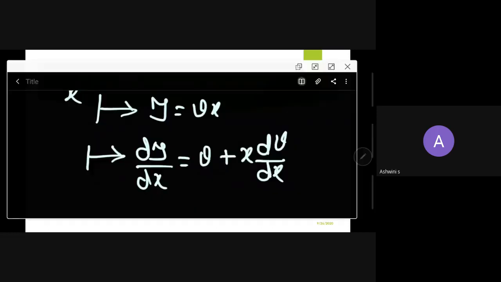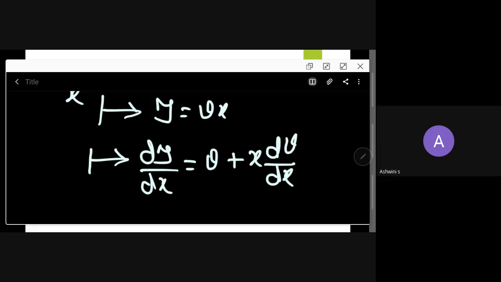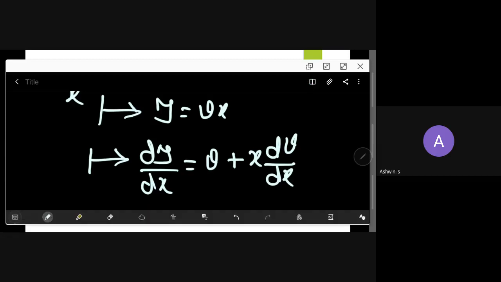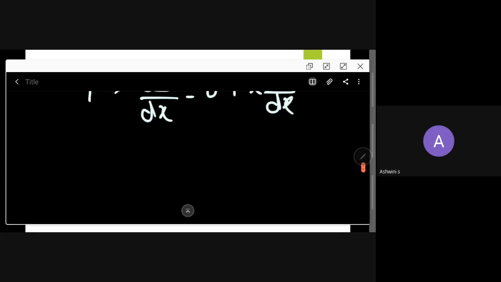If it is exact, there is no issue. That can be reduced to a separable equation. To deal with separable equations, we have the charts there. I have already mentioned that. Now we are talking about an f of xy here.